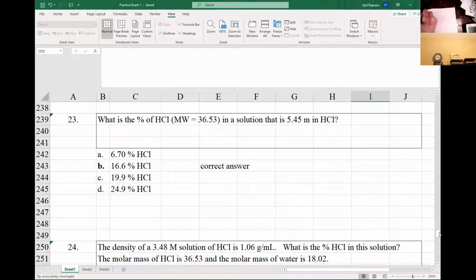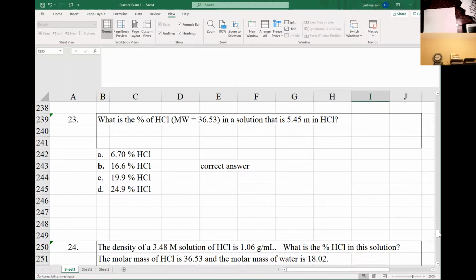All right, 23. Let's finish. What is the percent of HCl by weight in a solution that is 5.43 molal? All right, what is percent? It's the mass of the solute.